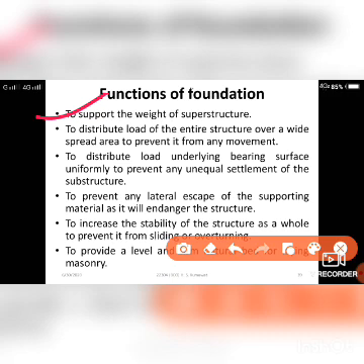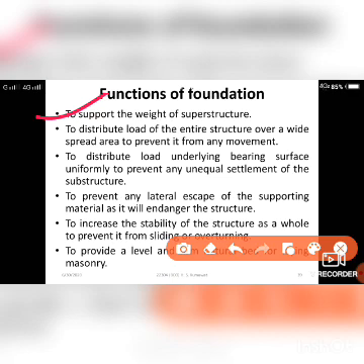In the first unit we discussed the superstructure and the substructure. The entire superstructure is supported by the substructure, and that is nothing but the foundation. Next, to distribute the load of the entire structure over a widespread area to prevent it from any movement. So to avoid movement, the load of a structure is evenly distributed with the help of this foundation.